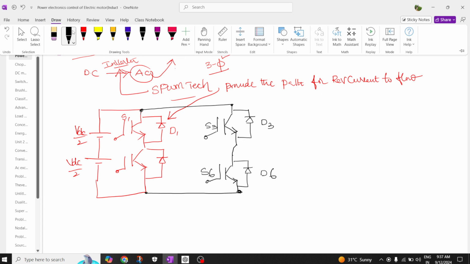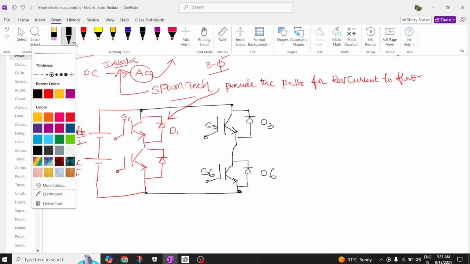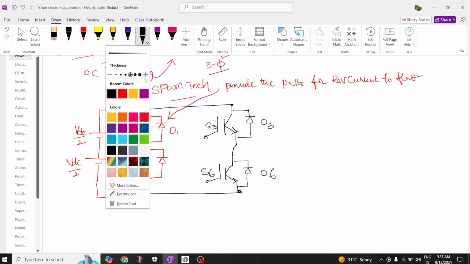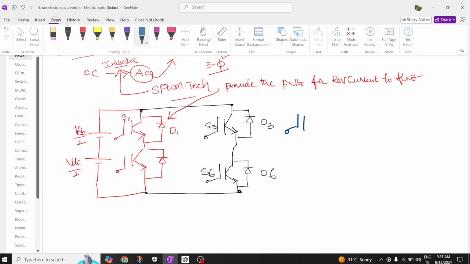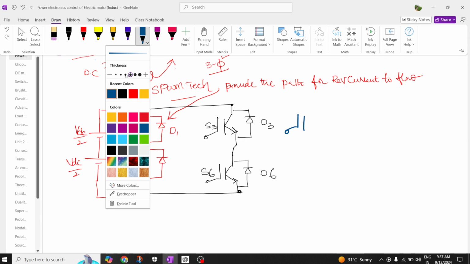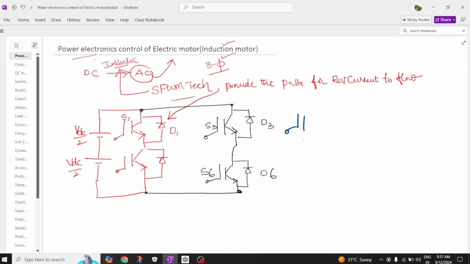Let's try to take B here. So here also you are going to have one more switch, and to this switch we are going to have an anti-parallel diode.